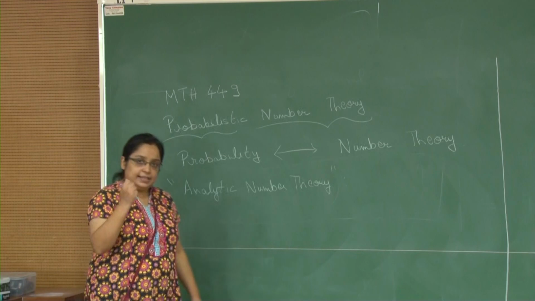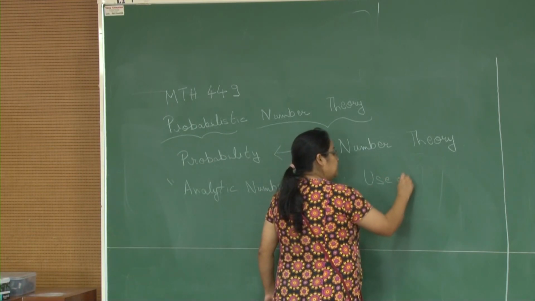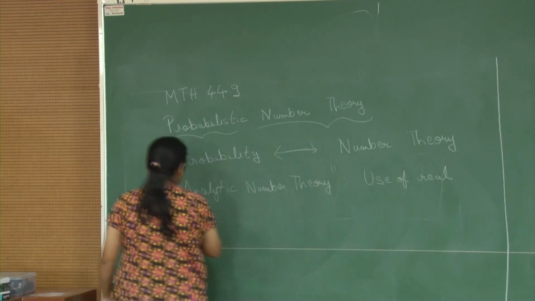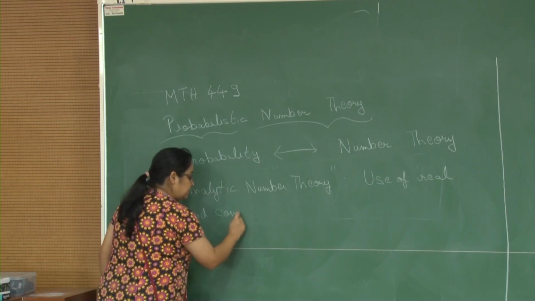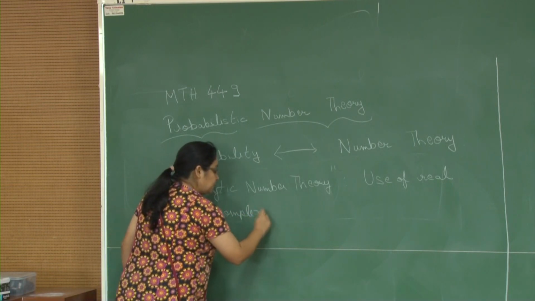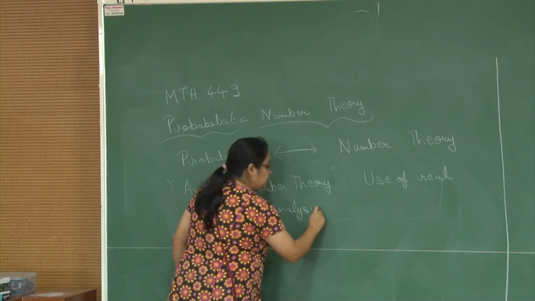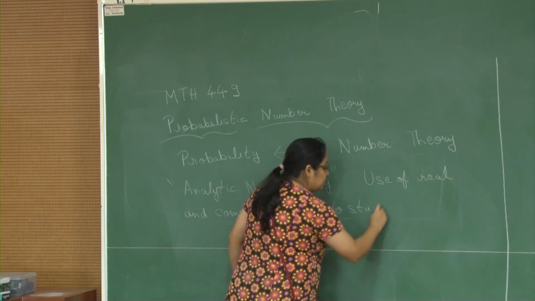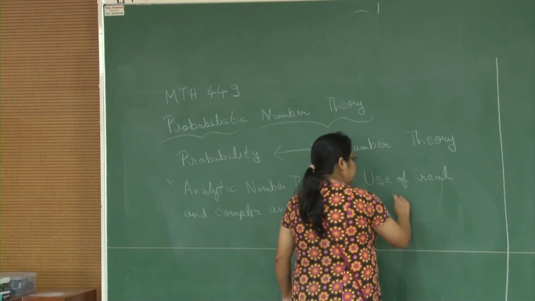Analytic number theory essentially is the use of real and complex analysis to study what are called arithmetic functions.